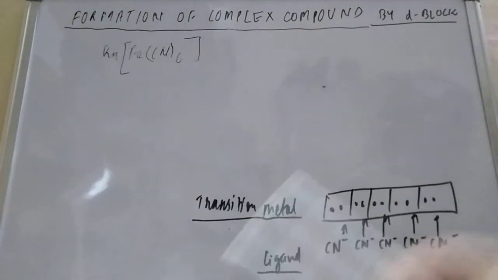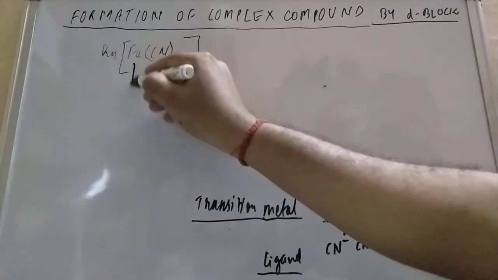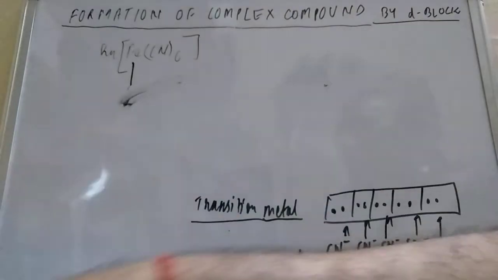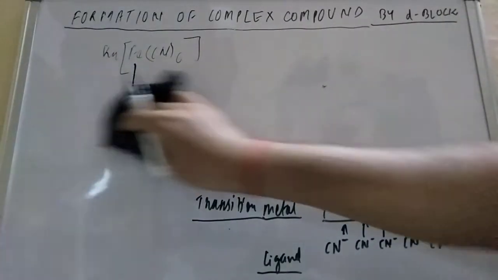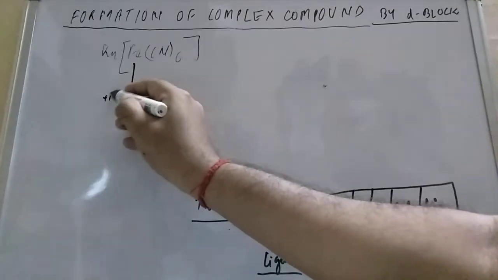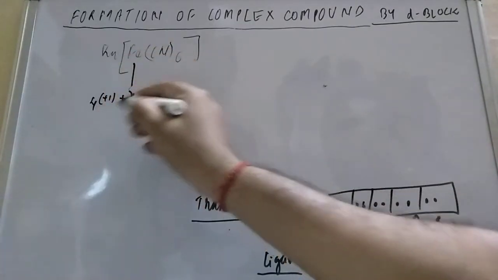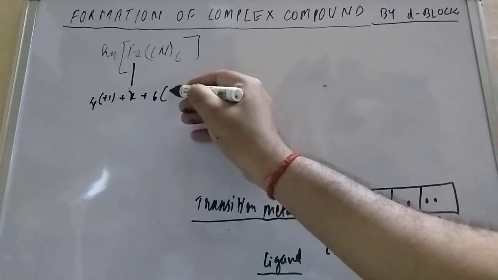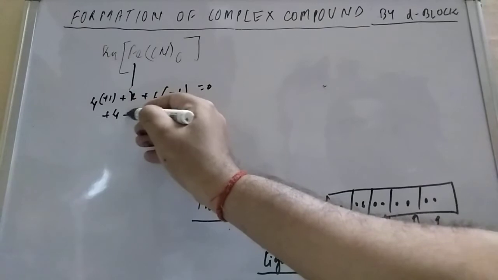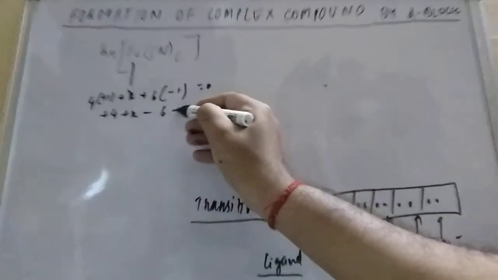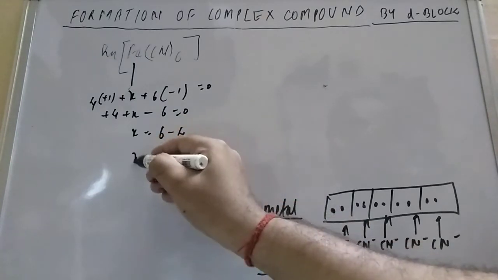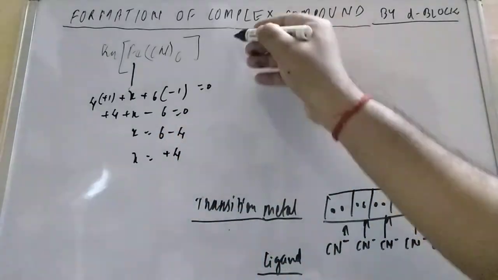First, calculate the oxidation number. Suppose the oxidation number of iron is X. There are 4 potassium, so plus 1 multiplied by 4, and 6 cyanide with minus 1, equal to 0. So plus 4 plus X minus 6 equals 0, so X equals plus 2.